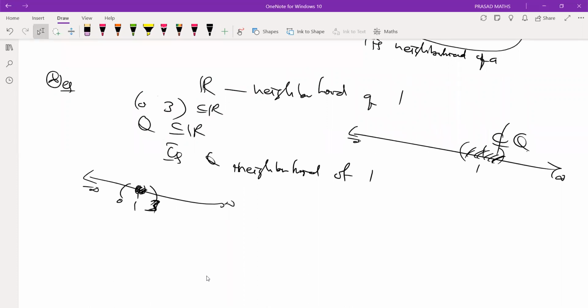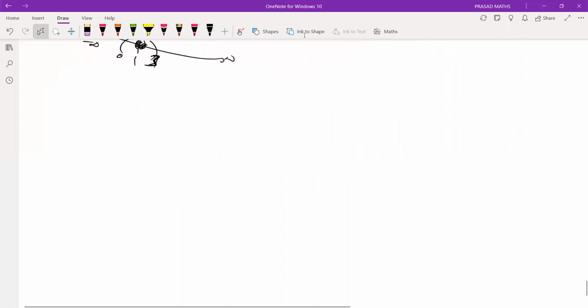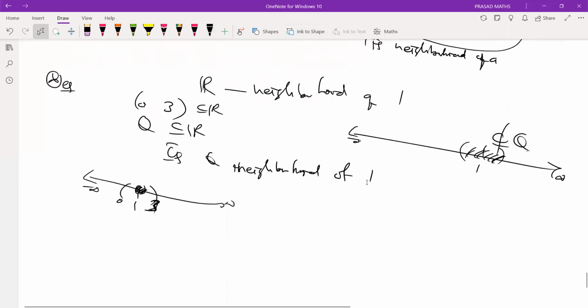So open 0, 3 is a subset of R which is a neighborhood of 1 also. Therefore, a subset of a neighborhood of that point may or may not be a neighborhood of that point. But a superset always is. Sir, can 0 to 3 be a subset of 2 also? 0 to 2 is also okay. The problem is only 1.